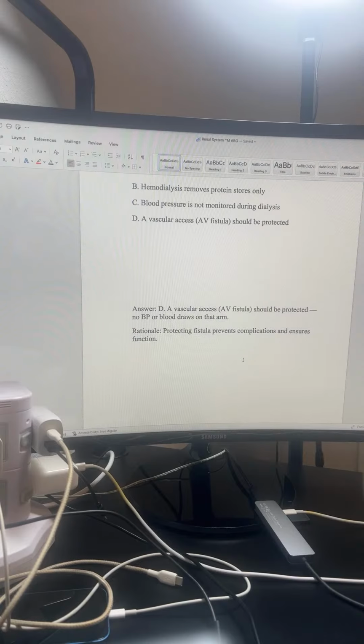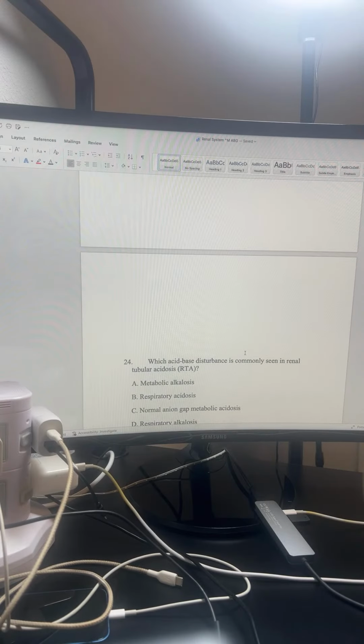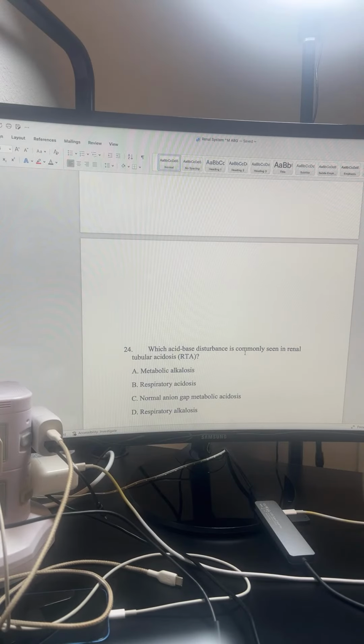It means there's probably some obstruction or something going on. You want to make sure it's patent. Definitely listen for that whooshing sound. You can feel it by palpating or touching it. It has a nice little feeling.